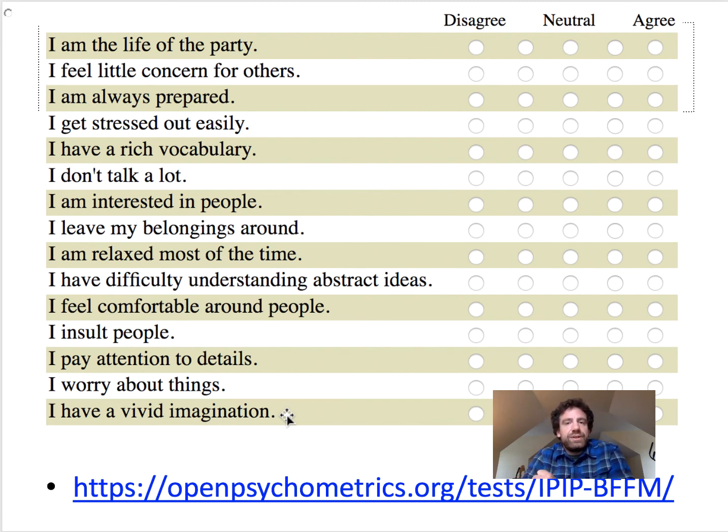Before moving on, though, I want to mention something. It's important to recognize that although these tests are useful because they can predict your later behavior, it's important to recognize what this can mean.